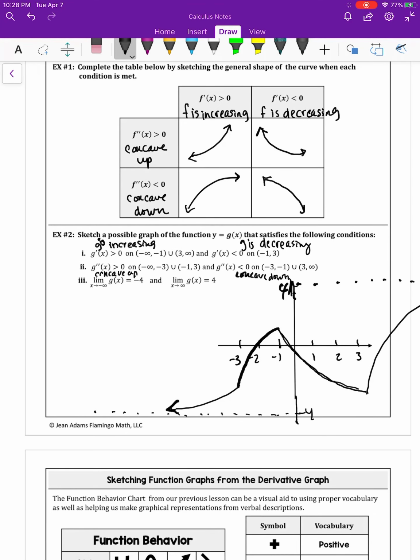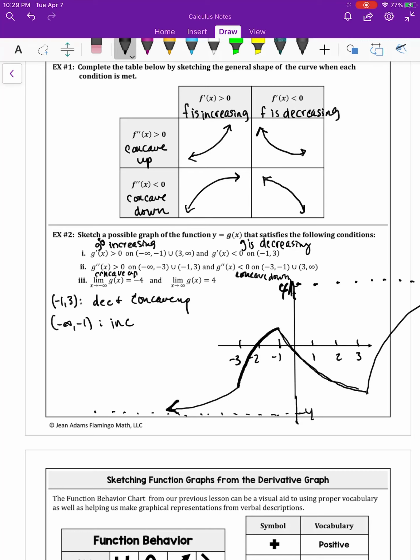Now, what I did on my paper that might help you: I put negative 1 to 3 decreasing and concave up.